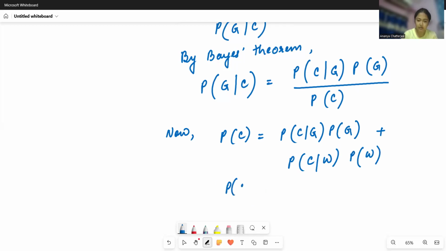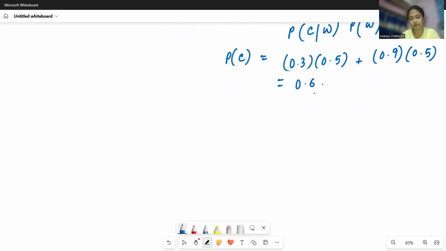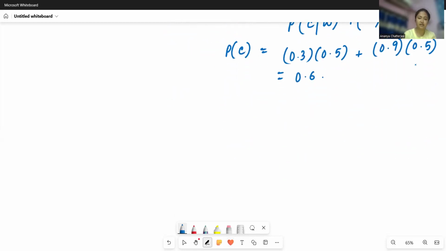So now probability of getting a correct answer is 0.3 times 0.5 plus 0.9 times 0.5. If we first multiply, then add these two, we get the value 0.6.